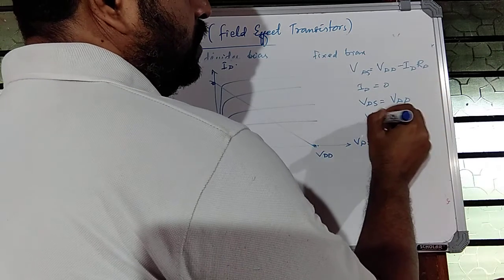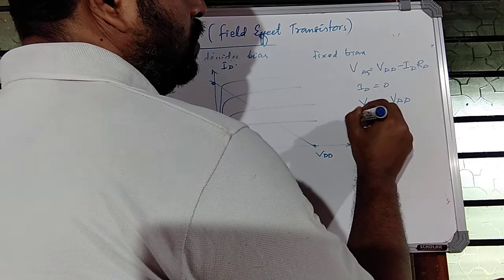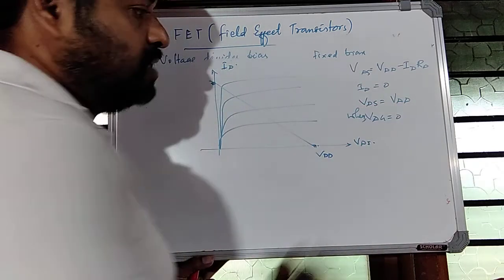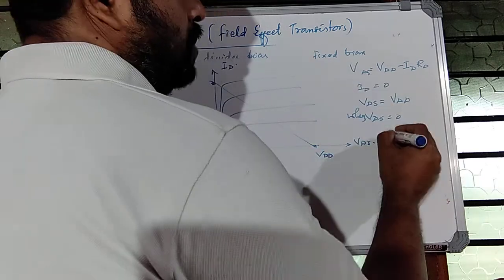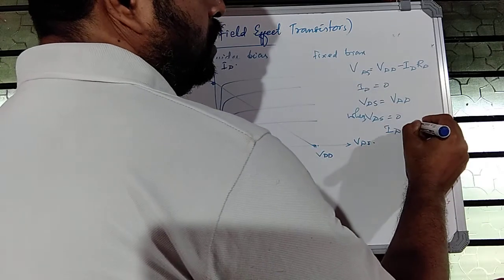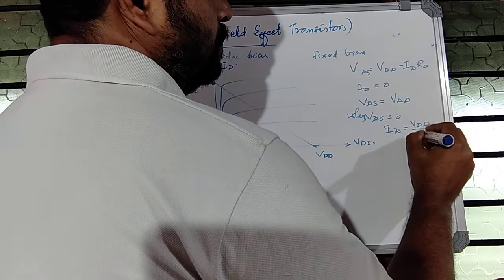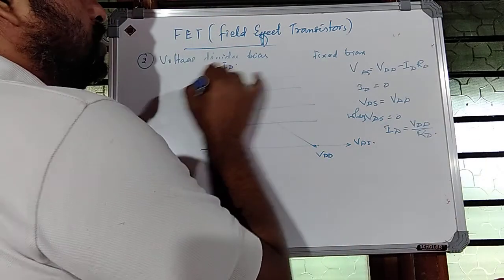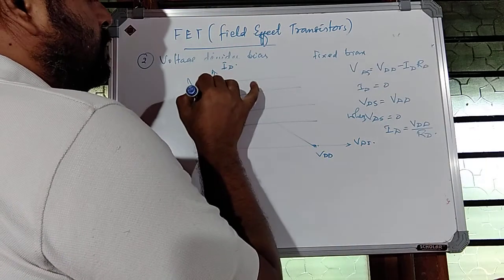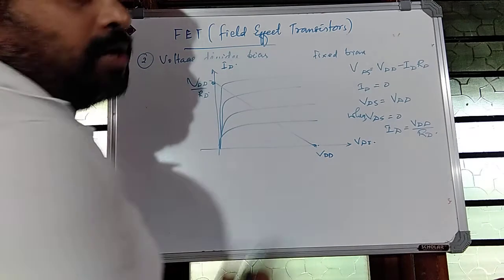Second condition, when VDS becomes 0, ID will be equal to VDD by RD. So we'll get at this point VDD by RD. So this will be the load line.